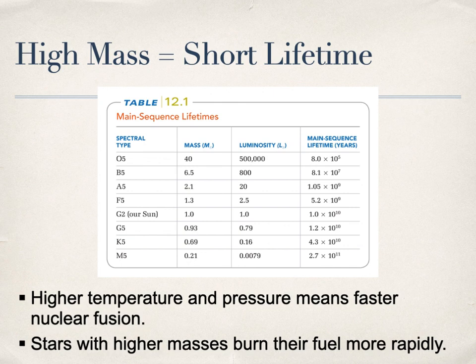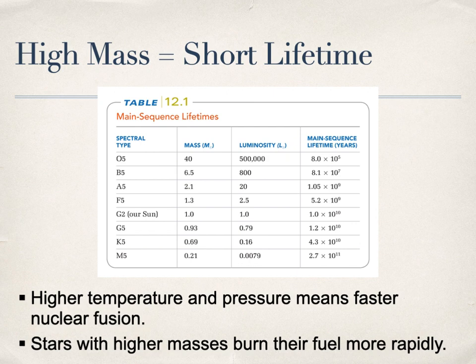That's not very long. Think 800,000 years for a star to live. The biggest, the brightest stars burn out the fastest. The smaller stars, if we look down towards the bottom, M5 is at 2.7 times 10 to the 11 years.